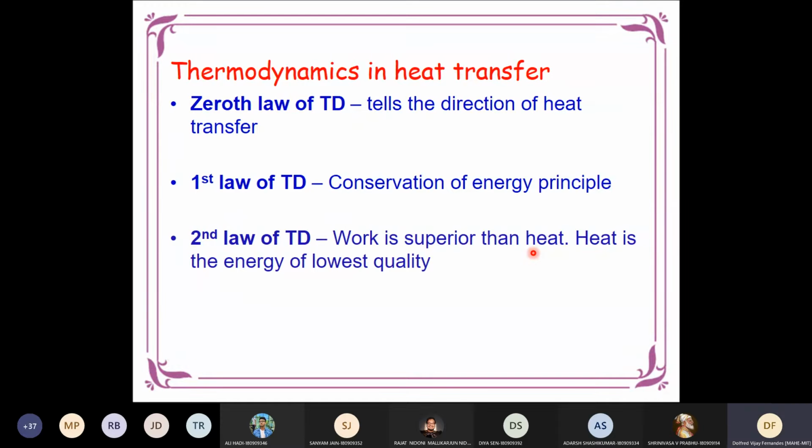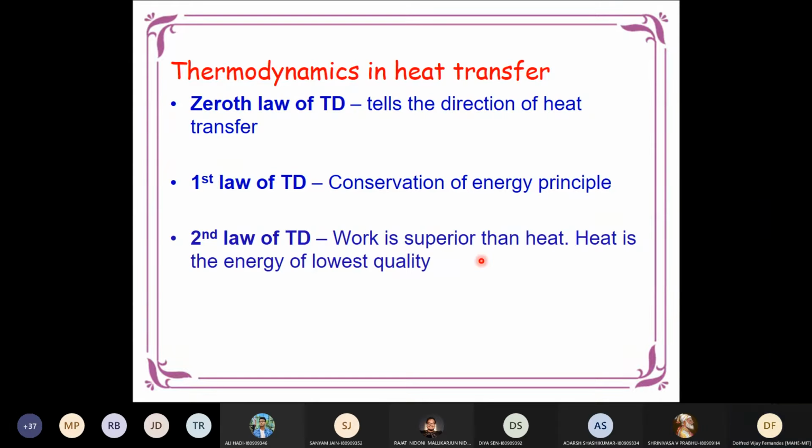That means if you do work, some of the work will be spent on friction. Friction means generation of heat, and that will be lost. So heat is the lowest quality and is easily lost to the environment.